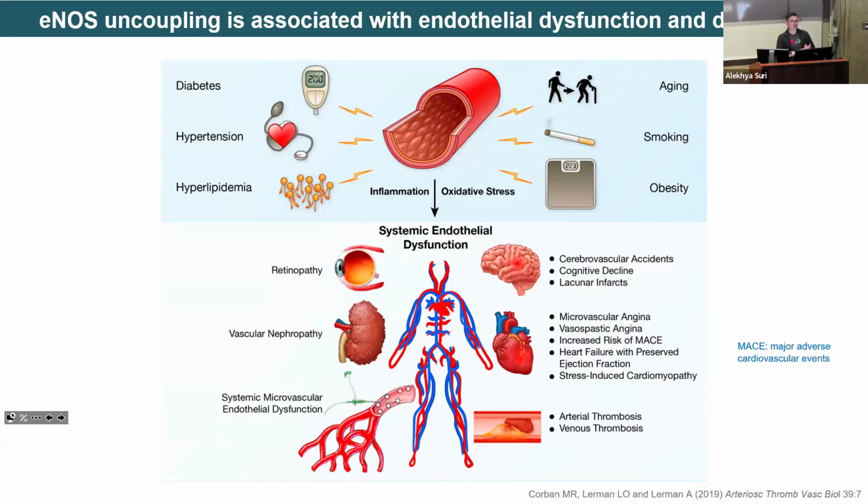It can lead to the activation of enzymes that produce superoxide, other than eNOS. Those are the things that I have in mind at the moment. There are plenty of other things that are correlated with diabetes and oxidative stress in the vasculature, but they escape my mind at this point.